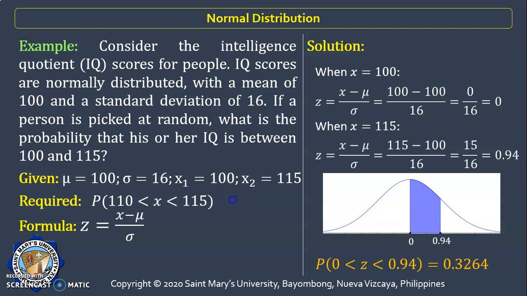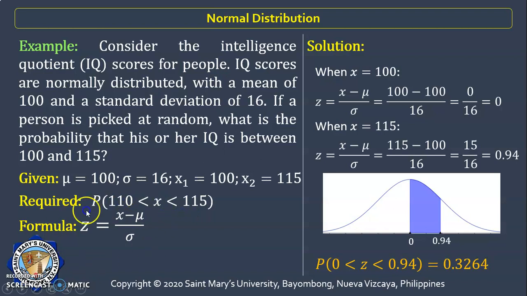The problem says the probability that the IQ is between 100 and 115. The given are raw scores. So first we have to convert them to z-scores. We are given the mean of 100, the standard deviation of 16 and the two raw scores.